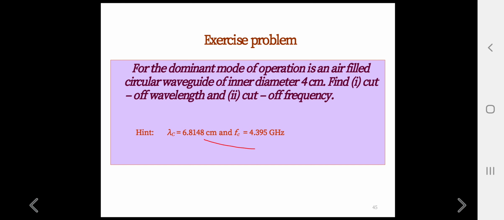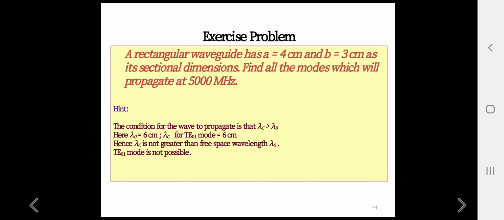Based on the previous formula you can do the exercise. One other problem: suppose you have a rectangular waveguide where a is 4 centimeters and b is 3 centimeters. Find all the modes which propagate. I have already given hints; based on that you can do the calculation.